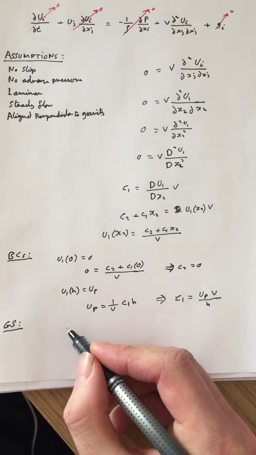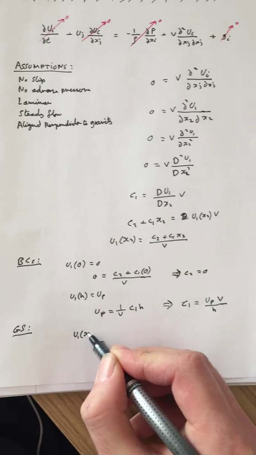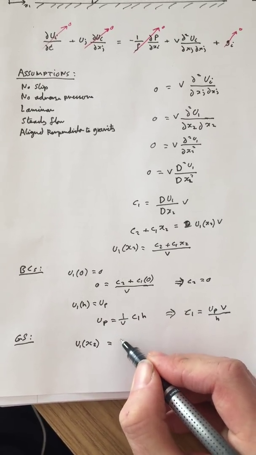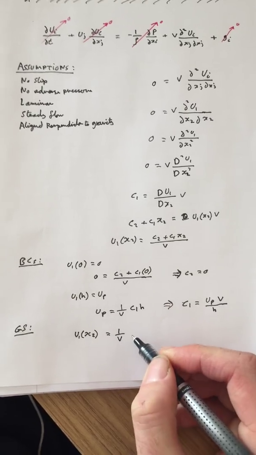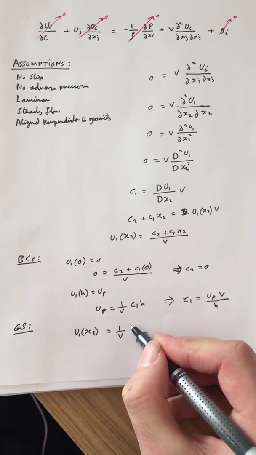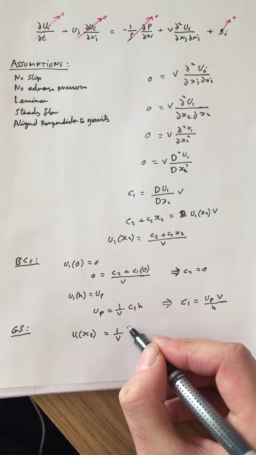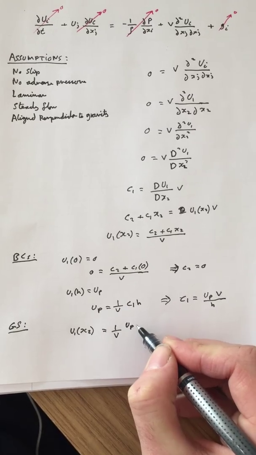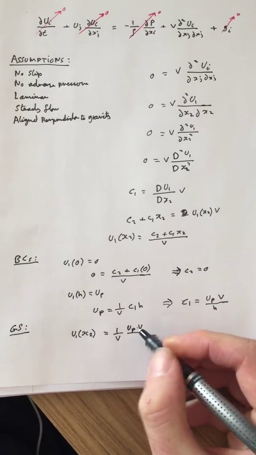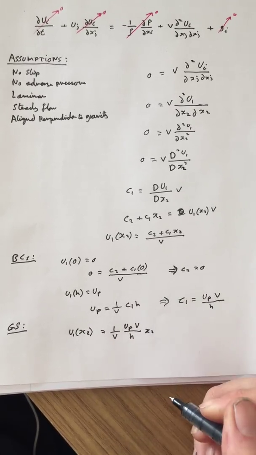So the velocity in the u1 direction with respect to x2 is equal to 1 over the viscosity times the velocity of the plate times the viscosity over h times x2.